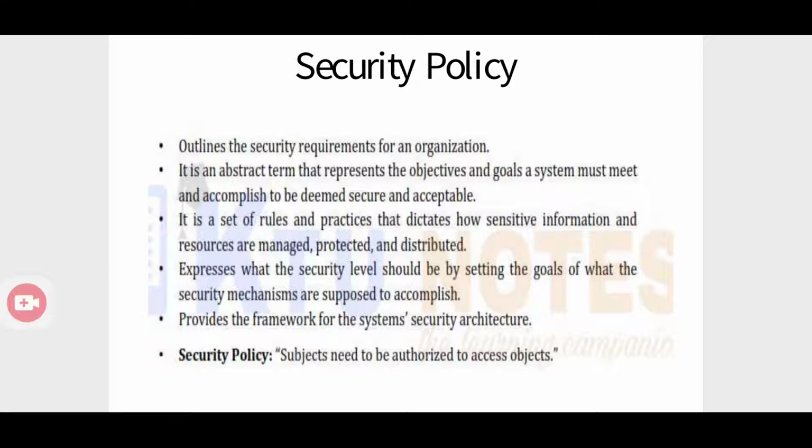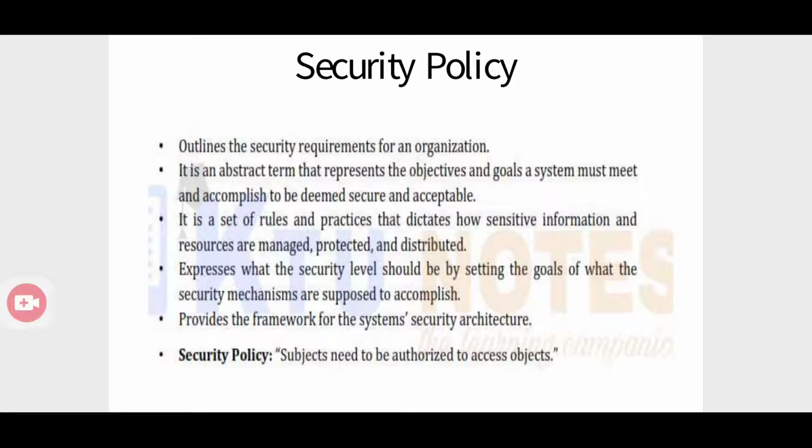Also, it provides a framework for the system's security architecture. If we are implementing a system, it should be protected. All the resources must be protected and managed well. For that, we need security policies. They are a set of rules or practices, or they represent the objectives and goals of a system. But it provides security requirements, or it outlines the security requirements for an organization.